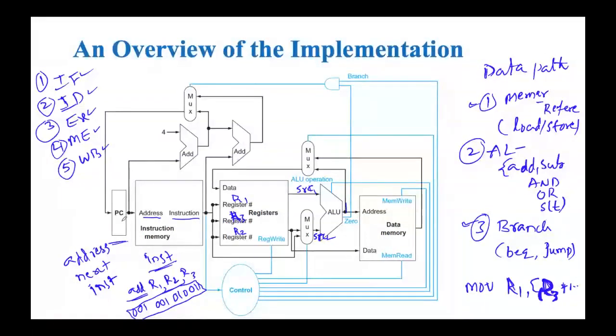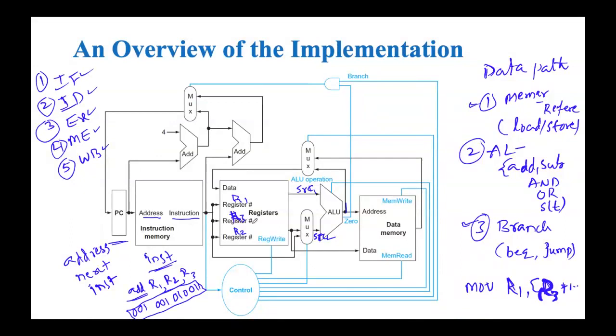We know that when the program counter gives an address to your instruction register, it also looks for the next instruction address. For that, the current address is given as an input to the adder, which adds 4 bytes to find the address of your next instruction.